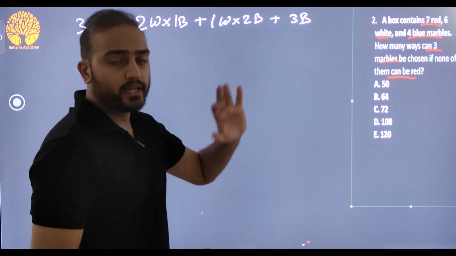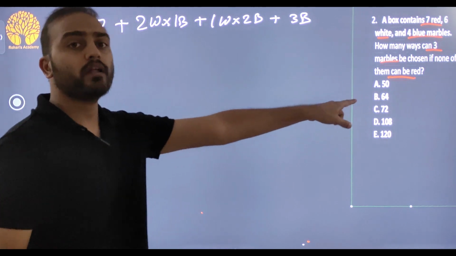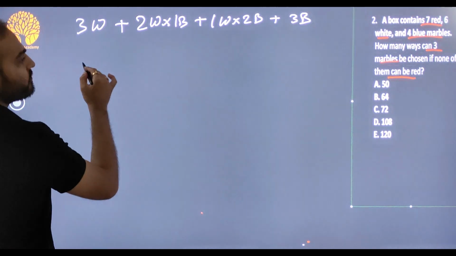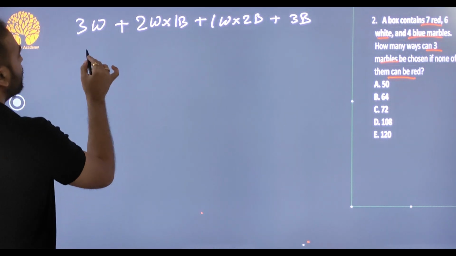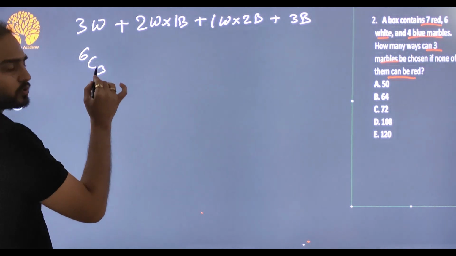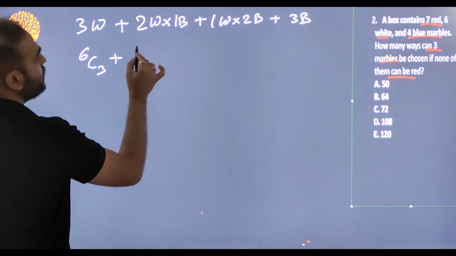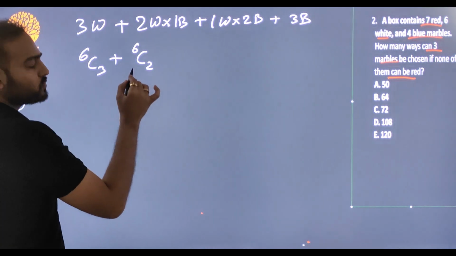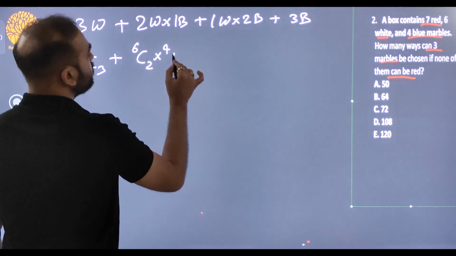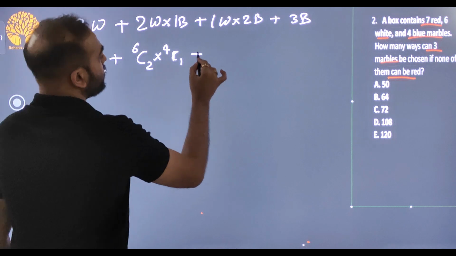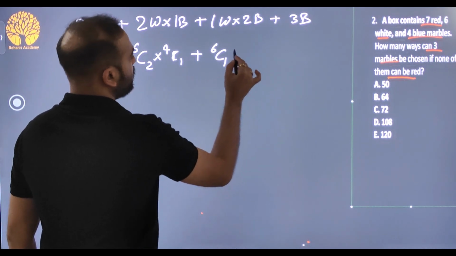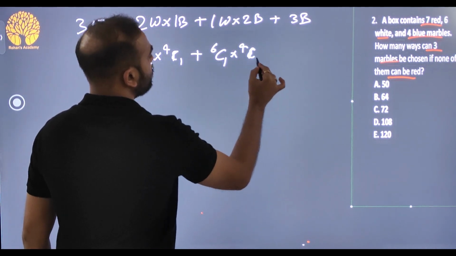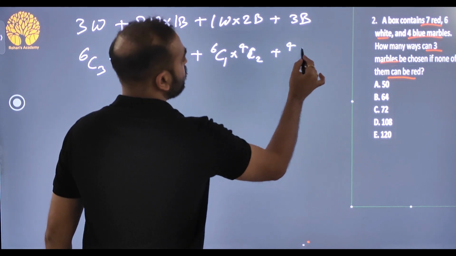These are the ways I am taking three marbles and ensuring none of them is red. So three white means I have six white and I want three, so that is 6C3, or from six white 2 and from four blue 1, or six white 1 and four blue 2, or four blue 3.